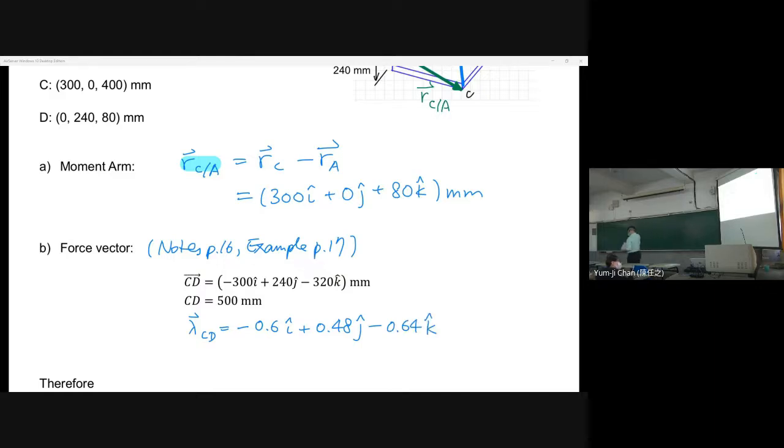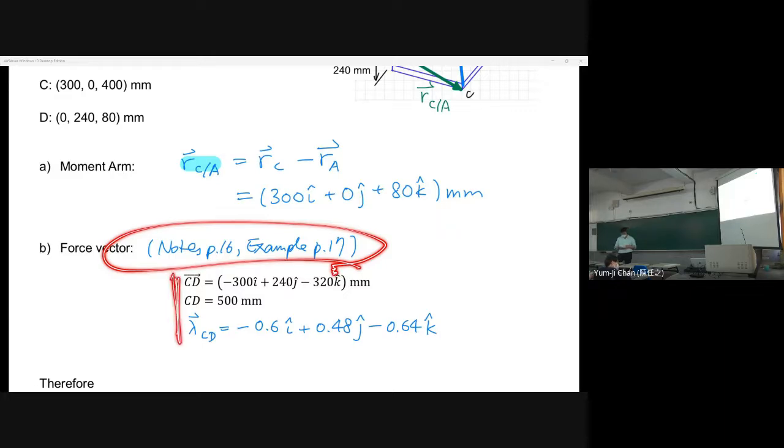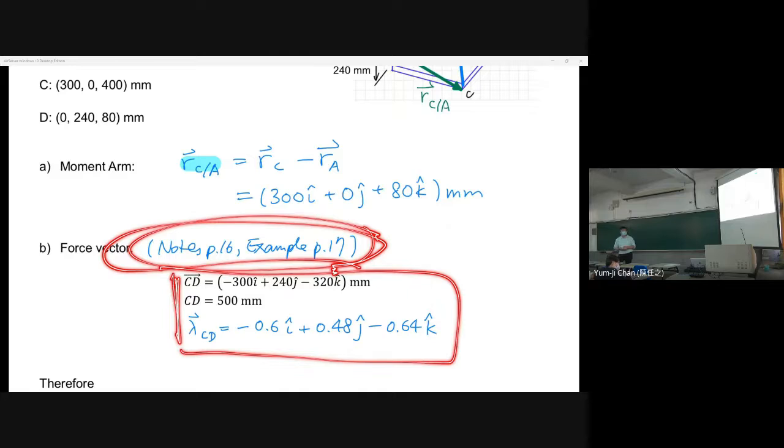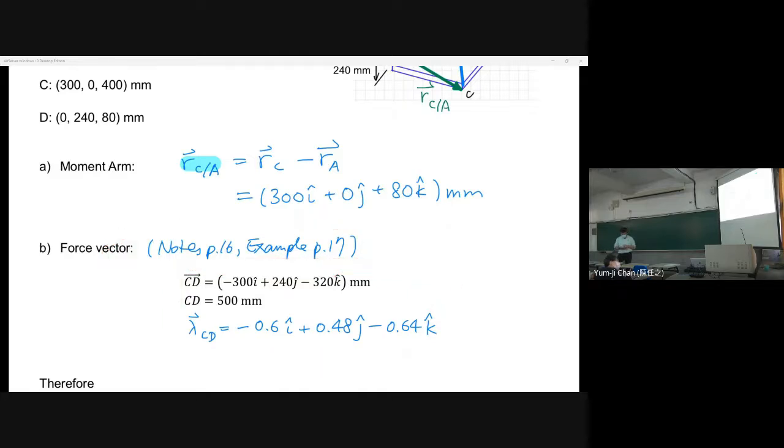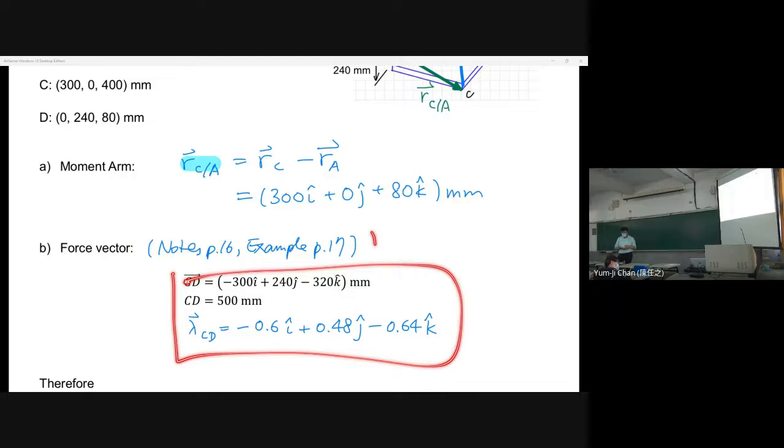If you forget how to do this, go back to page 16 and page 17 for the procedure. Or if you don't know what I'm writing here, also go back to the notes.